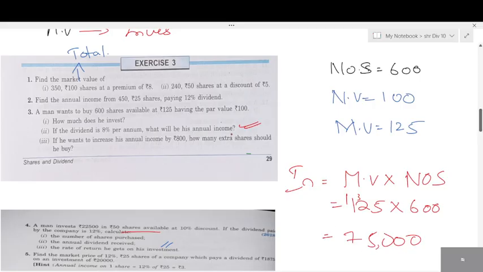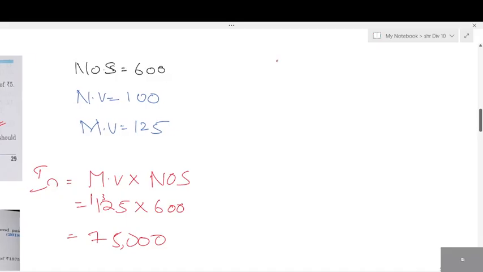Next, annual income. The second part I'll solve. What is annual income? Be quick. Rate of dividend is given, 8%. So annual income or dividend is the same.